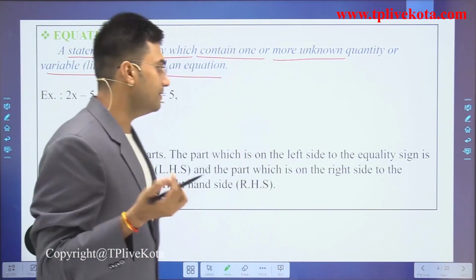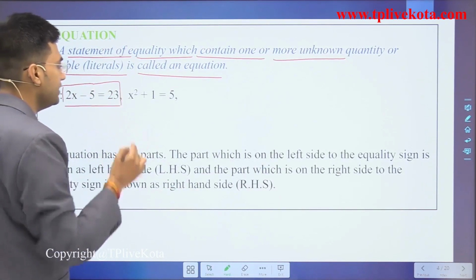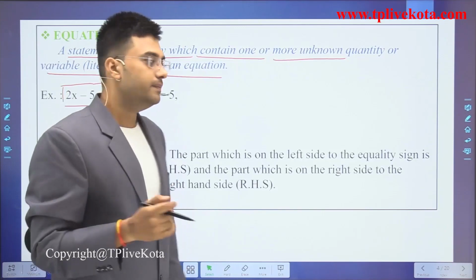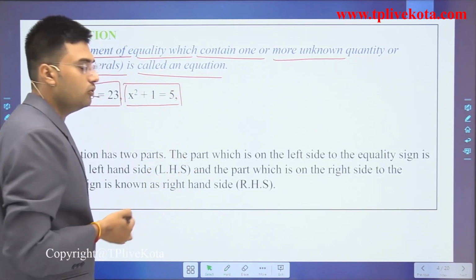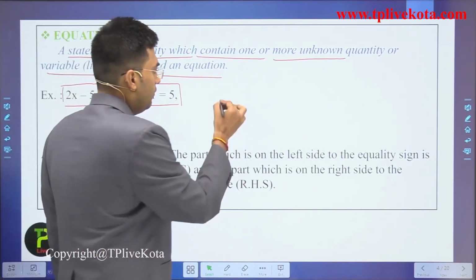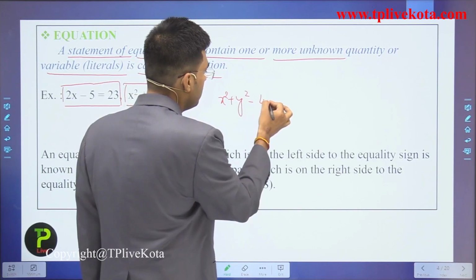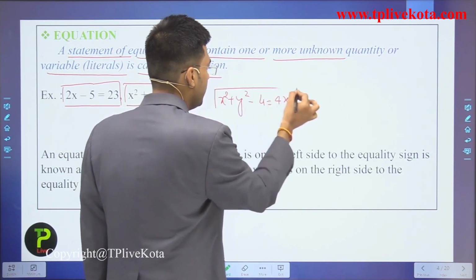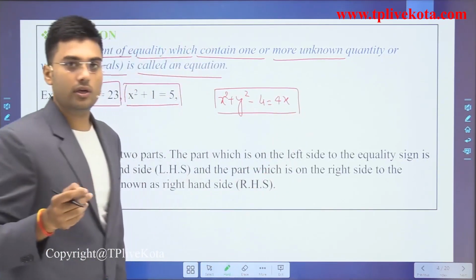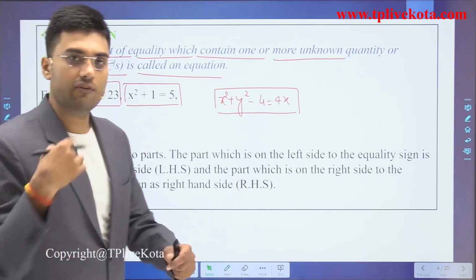For example, 2x minus 5 is equal to 23 is an equation. x square plus 1 is equal to 5 is also an equation. We can write x square plus y square minus 4 is equal to 4x. This is also an equation. These are examples of equations.